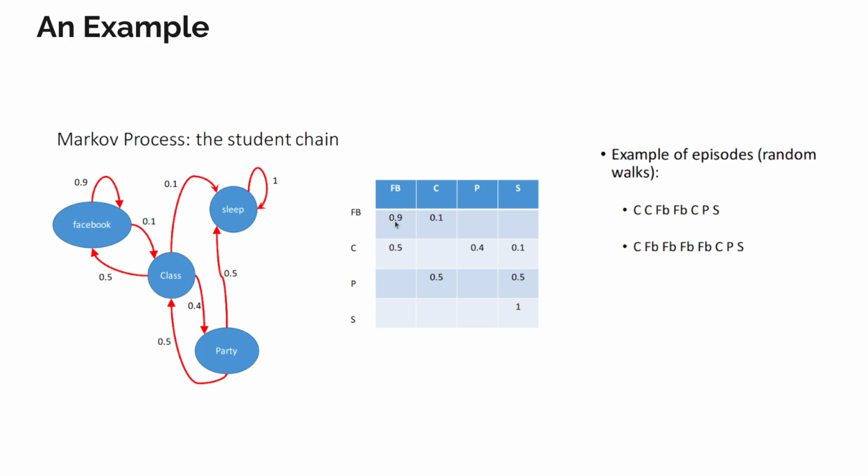Facebook to Facebook is given, Facebook to class is given. Also class to class, there must be some reward. If it is 0, no one. That's a realistic scenario I am thinking about.